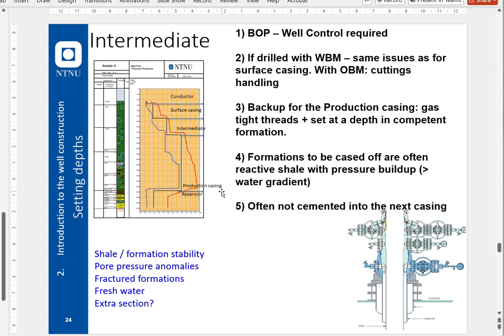We'll look into that more once we do the detailed casing designs for each casing. It has to do with what we called in the last lecture, analysis of specific situations through the life cycle of the well. We call them load cases.